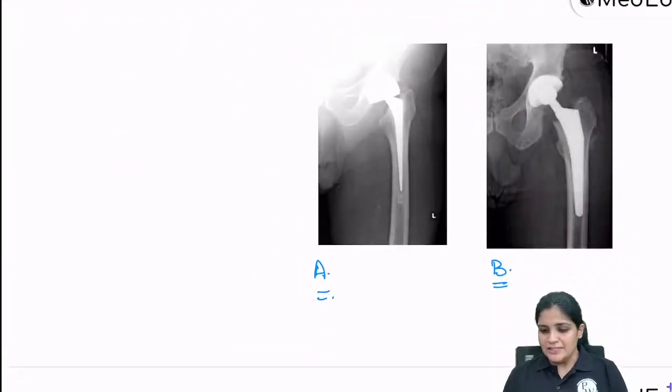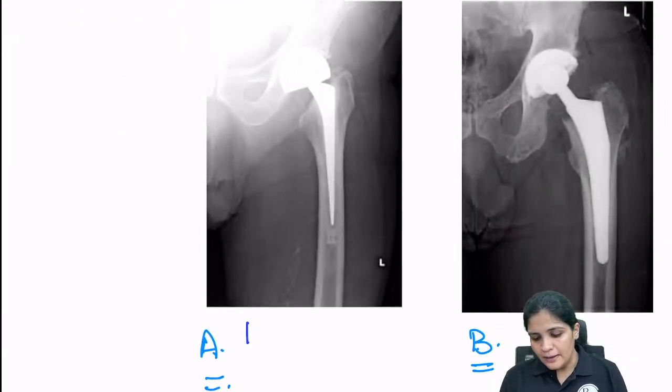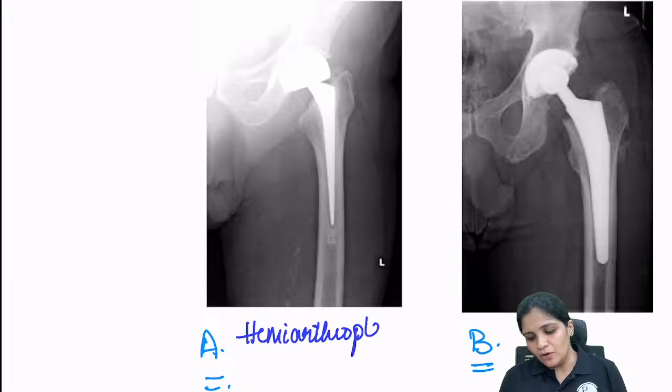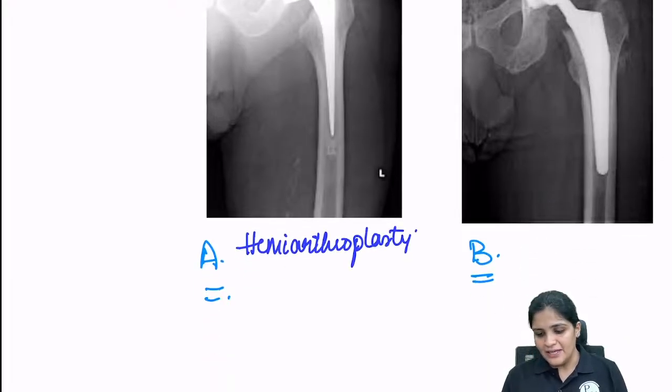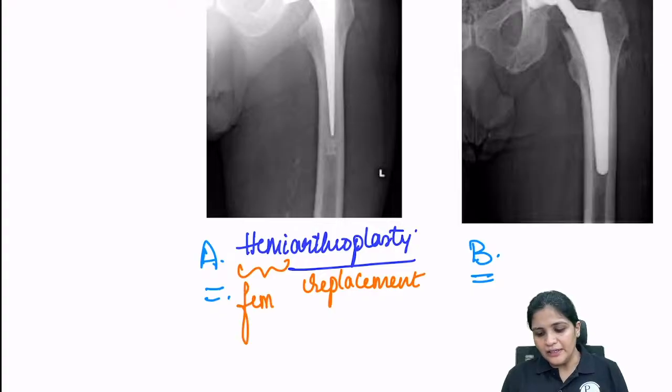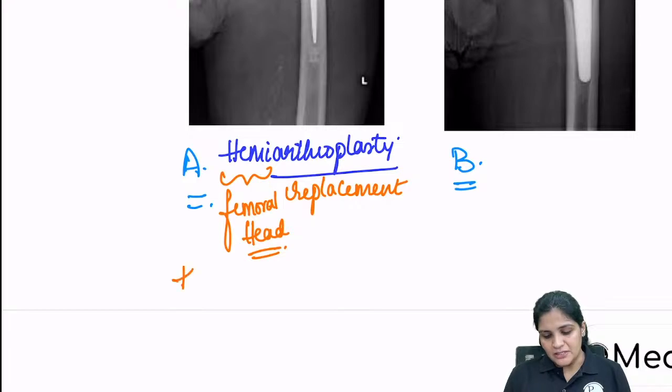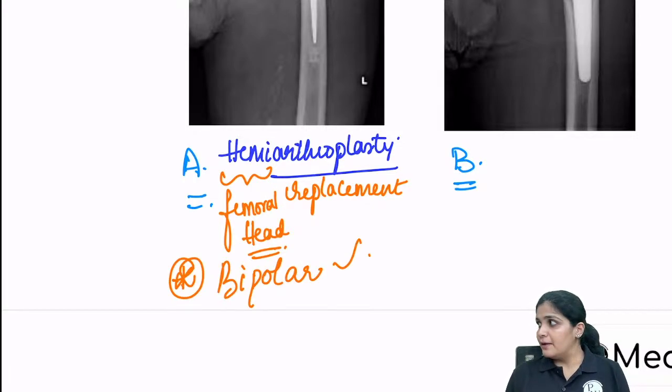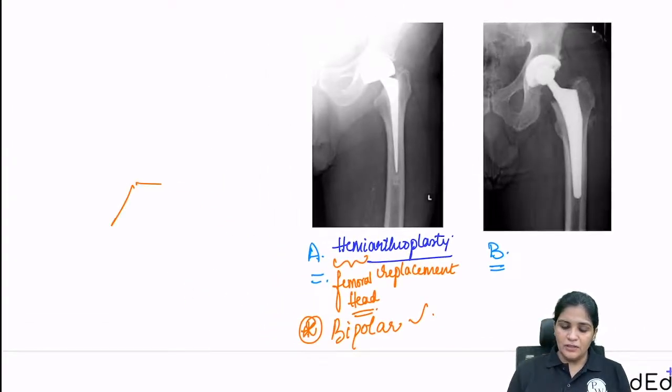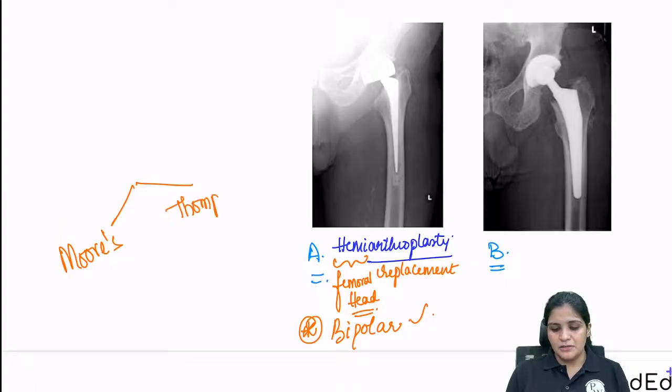Then what is this? This is your hemiarthroplasty. What do you mean by arthroplasty? Yes, arthroplasty is nothing but replacement. Hemi matlab half. So whenever you are replacing only the femoral head by a prosthesis. So what are the important prostheses? This prosthesis is called bipolar. There are two other prostheses, Moore's and Thompson's also.